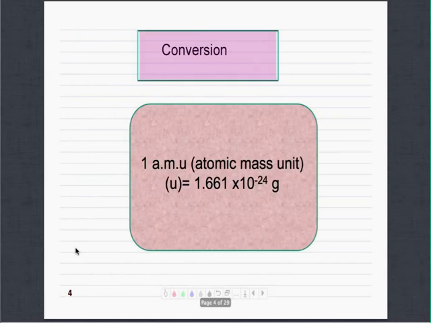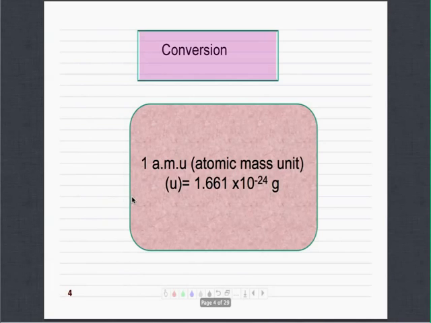So 1 AMU, or atomic mass unit, or U, equals 1.661 times 10 to the minus 24 grams. This is the conversion. It's the same as when I say 1 kilogram equals 1,000 grams. Do you need to memorize this one?